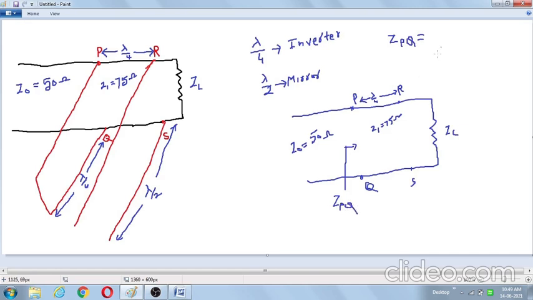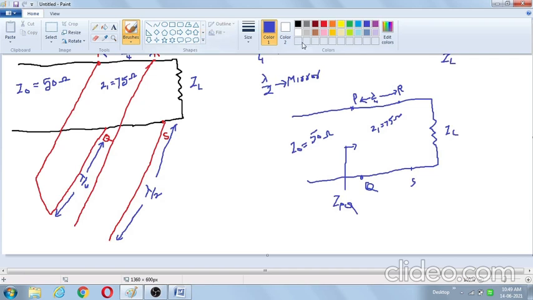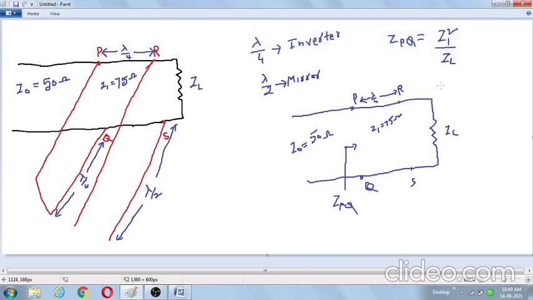ZPQ is equal to Z1 square by ZL, where Z1 is the characteristic impedance of the lambda by 4 transmission line. So here Z1 square is equal to 75 square over ZL. I don't know ZL, that's why I didn't put ZL.